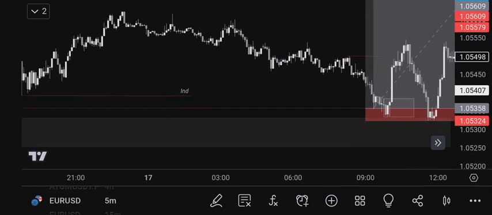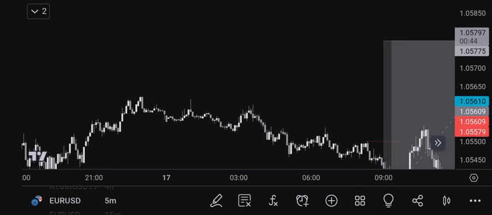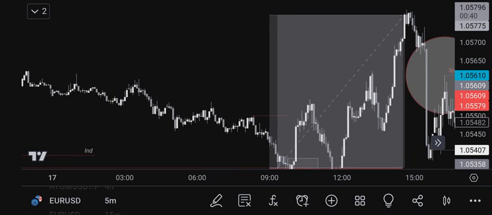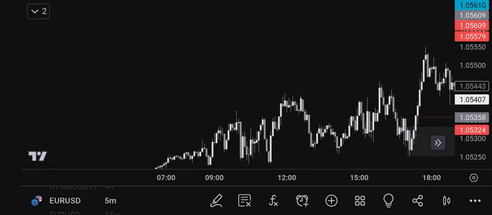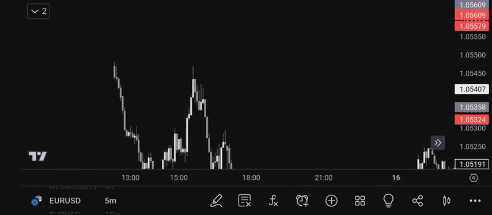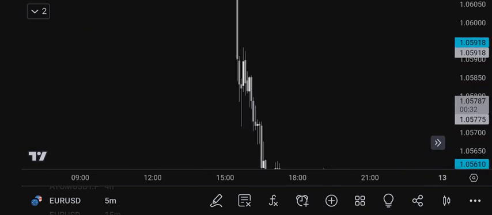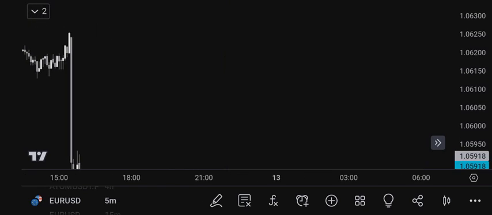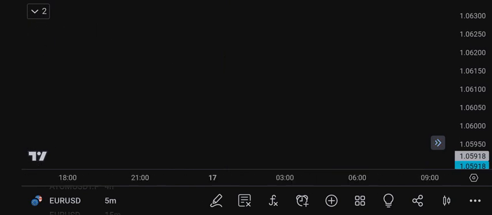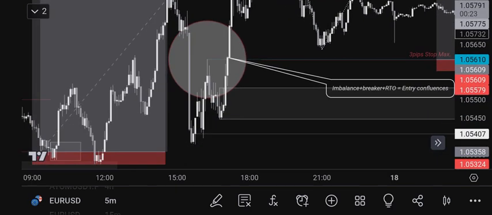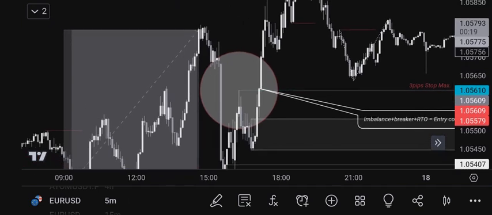The reason why I exited here was because there was an imbalance on the higher time frame, which I knew would probably send price downwards. And as you can see, when price got to that zone, price sold down. Price sold down from that zone, and then it buys, though it's not valid, but then again it is trading.